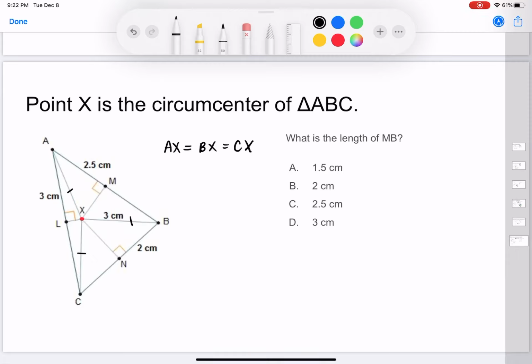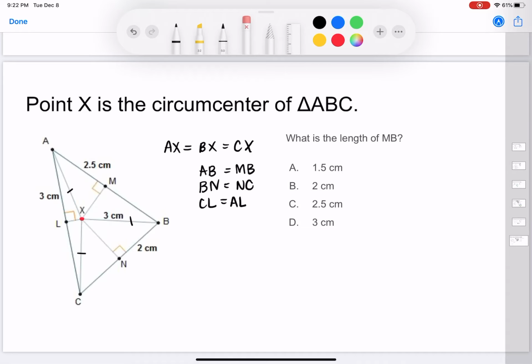Well, the concurrency of the perpendicular bisector of a triangle theorem also tells us that we have perpendicular bisectors which cut each of the sides into congruent halves. So AM is also equal to MB. BN is also congruent to NC. And CL is also congruent to AL. All the things we learned from the concurrency of a perpendicular bisector of a triangle theorem.